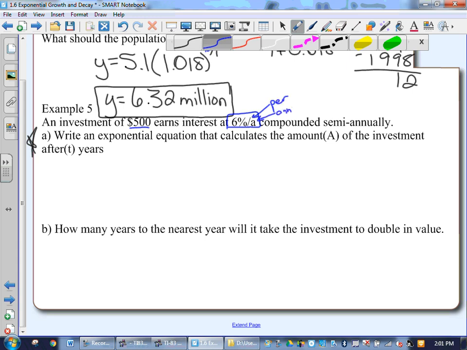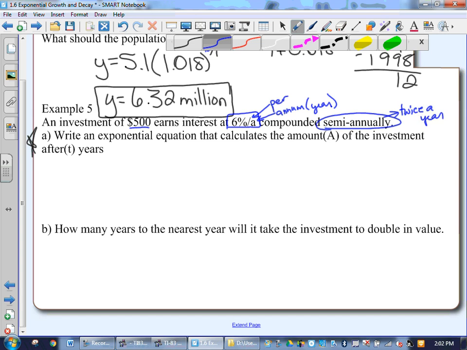So an investment of $500 earns interest at 6% per annum, or per year, compounded semi-annually. So that means twice a year. Write an exponential equation that calculates the amount, A, of the investment after T years.